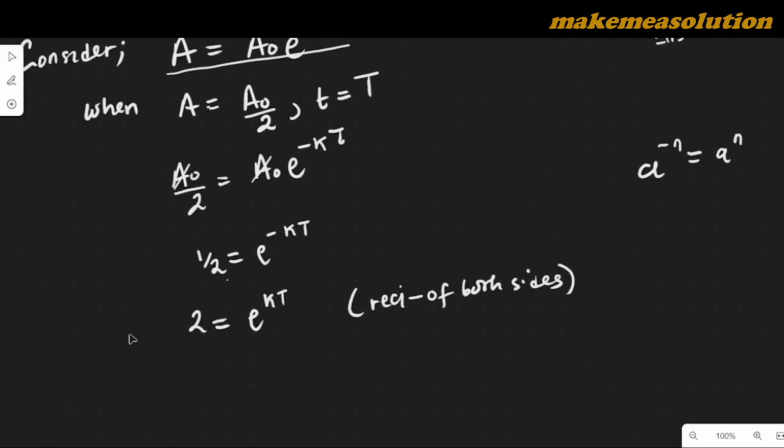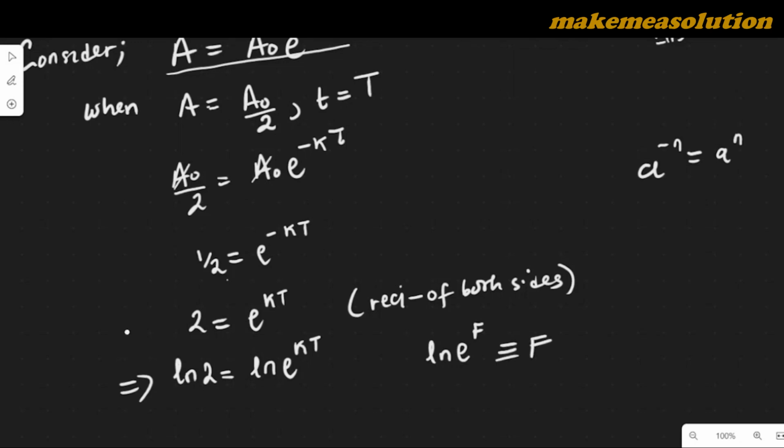Now if you take the natural logarithm of both sides, what you're going to get is natural logarithm of 2 is equal to natural logarithm of exponential kt. Is that okay? And there's a rule that states natural logarithm of exponential f is equal to f.